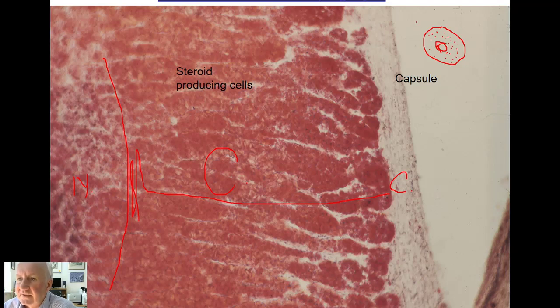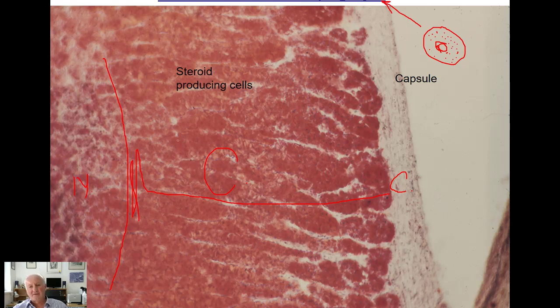So these cells are sometimes called spongiocytes. Spongiocytes are cells containing small lipid droplets.